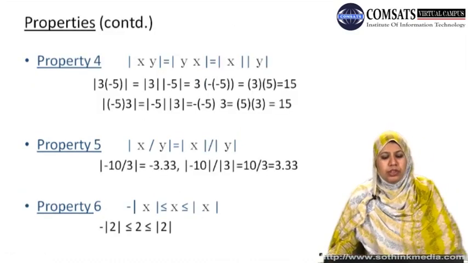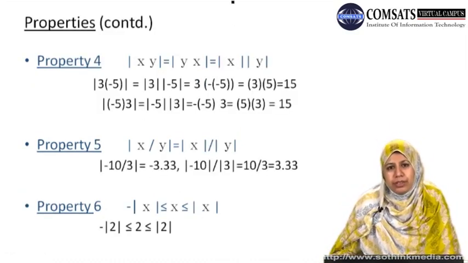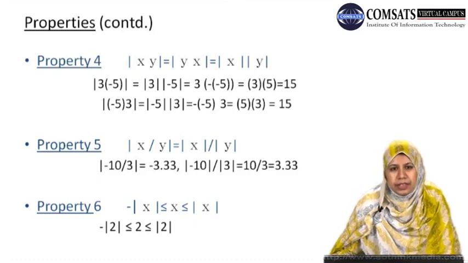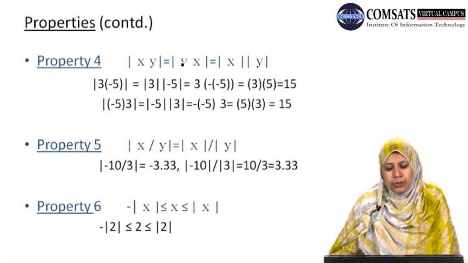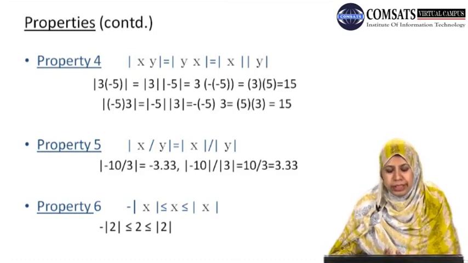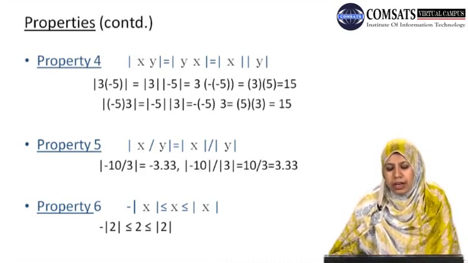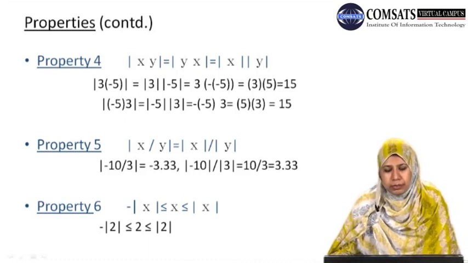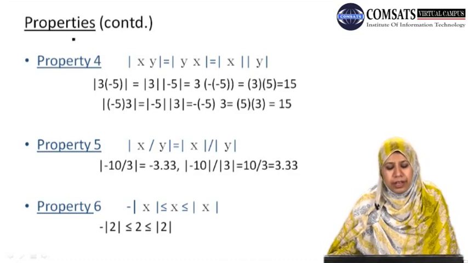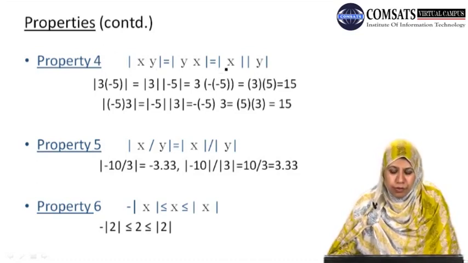Okay. Now the fourth property says that if we have two numbers in a product, x and y, and we want to find the absolute value of this product, then the absolute value of the product is the same as the product of the absolute values. That is, mod of xy is equal to mod of x times mod of y.